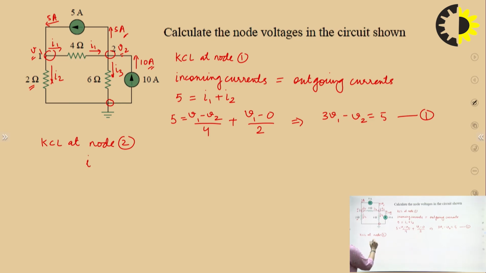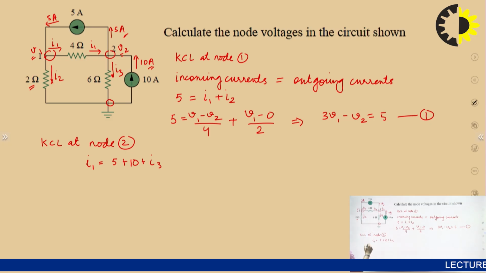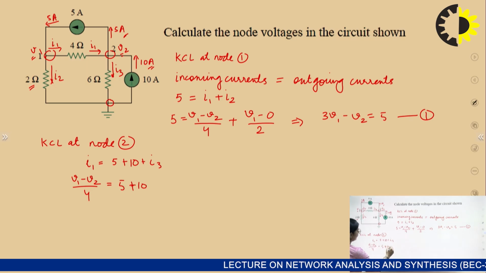So I can say I1 is equal to 5 plus 10 plus I3. This is KCL at node 2. Incoming current is equal to outgoing currents. Now find out the values of I1 and I3 according to Ohm's law with respect to the voltages. So I1's value is V1 minus V2 by 4, equal to 5 plus 10 plus I3.